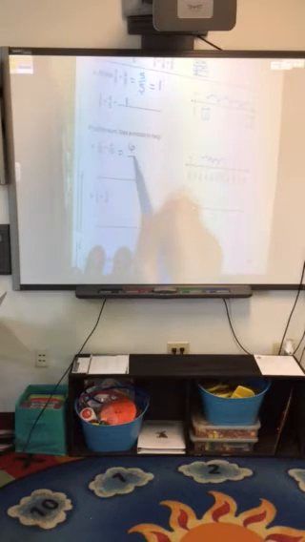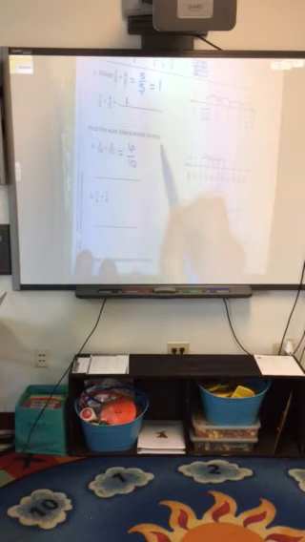Now, this fraction can be simplified. We know that 6 and 10 are both even numbers, and even numbers have a factor of 2, so I'm going to start there. I could think of the highest common factor.